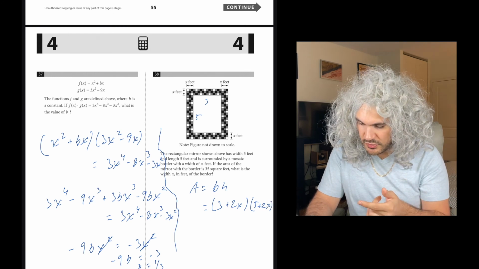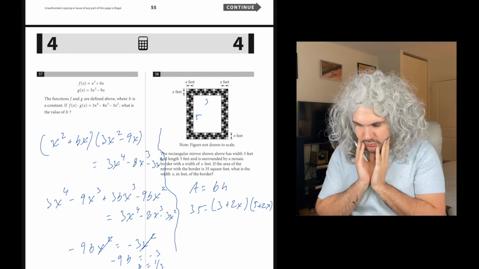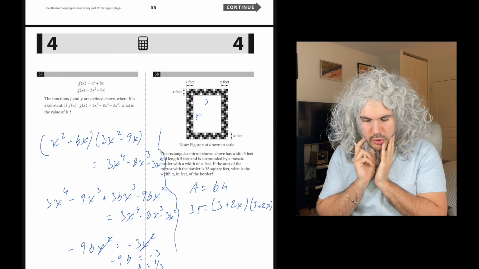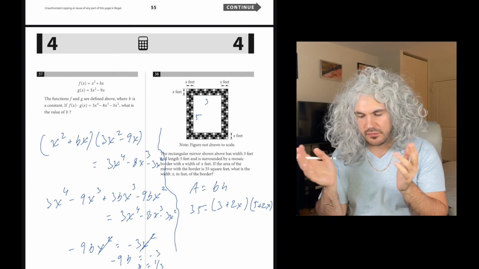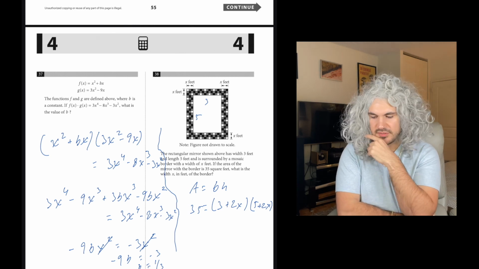And this is equal to 35. Oh, but wait a minute. We might be able to notice something. You can FOIL this out and solve for x, that's fine. But I noticed something else.